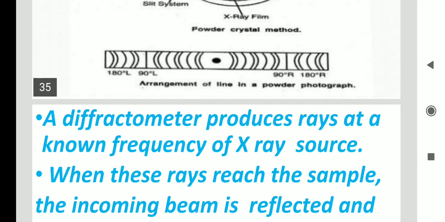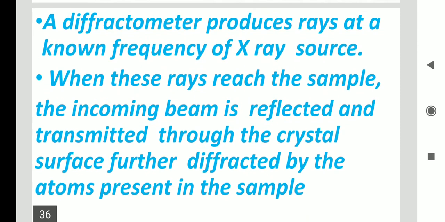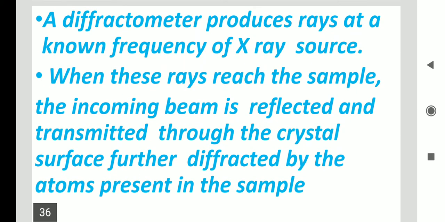A diffractometer produces rays at a known frequency of X-ray source. When these rays reach the sample, the incoming beam is reflected and transmitted through the crystal surface, and further diffracted by the atoms present in the sample. The known frequency source is the X-rays.